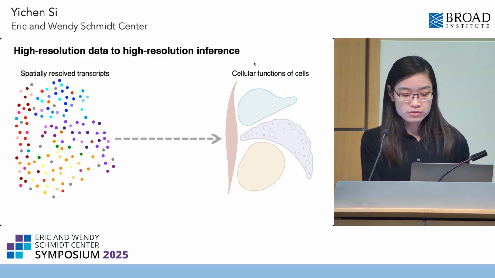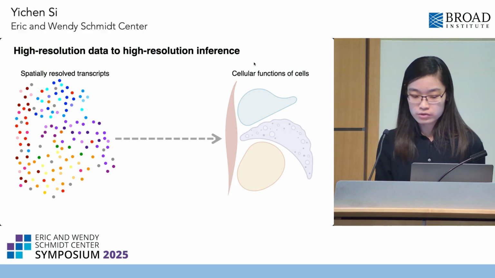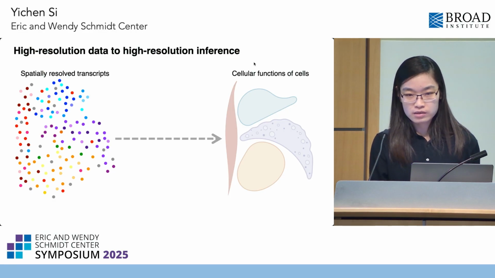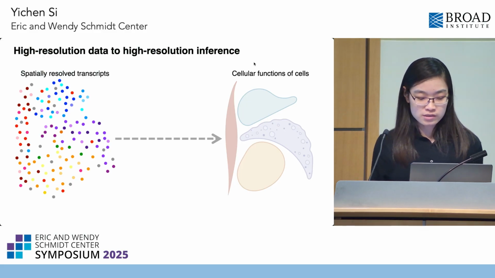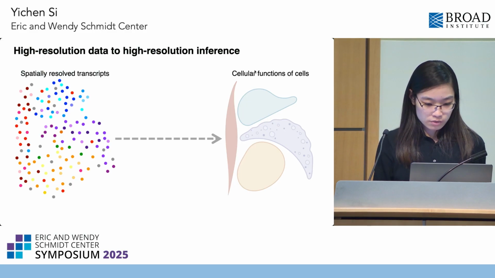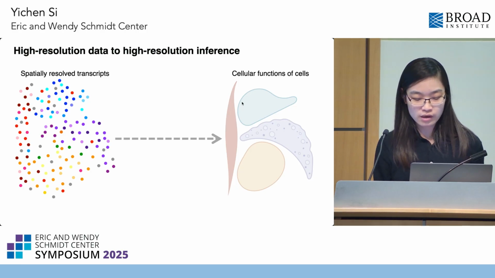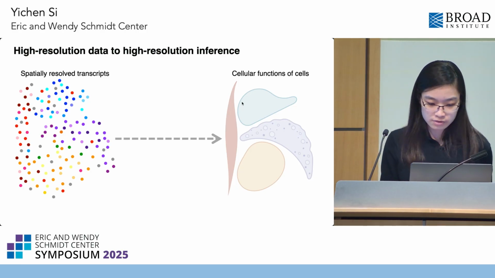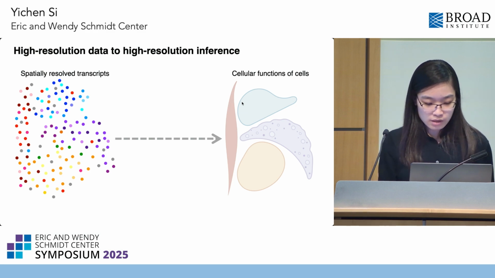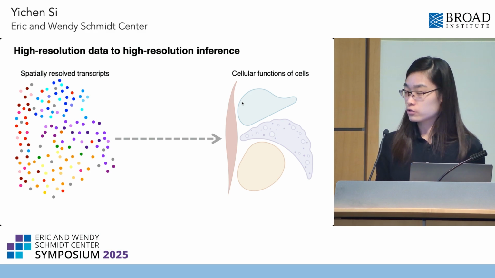The data from such technologies are spatially resolved transcripts. Each pixel contains one or a couple of transcripts. Here the color represents different gene identities. Such high-resolution and high-throughput data does not automatically enable high-throughput inference. A basic task of data analysis is to recover cells and their cellular functions.